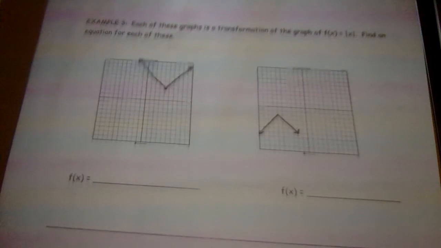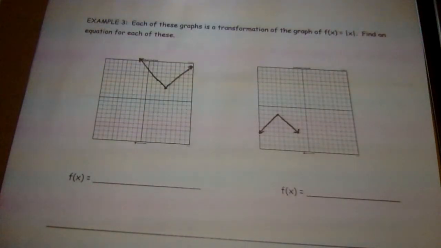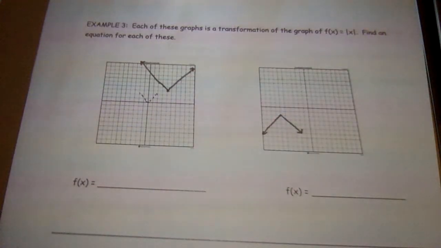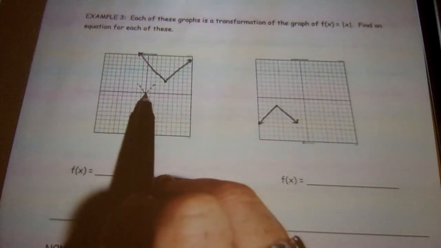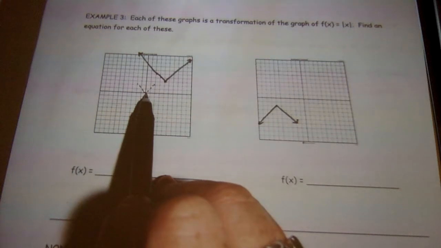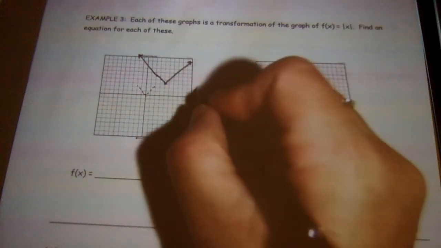Example 3, we want to write the equations of the absolute value of x. So the absolute value of x, that one started right here. So this absolute value was moved what? Right how many?